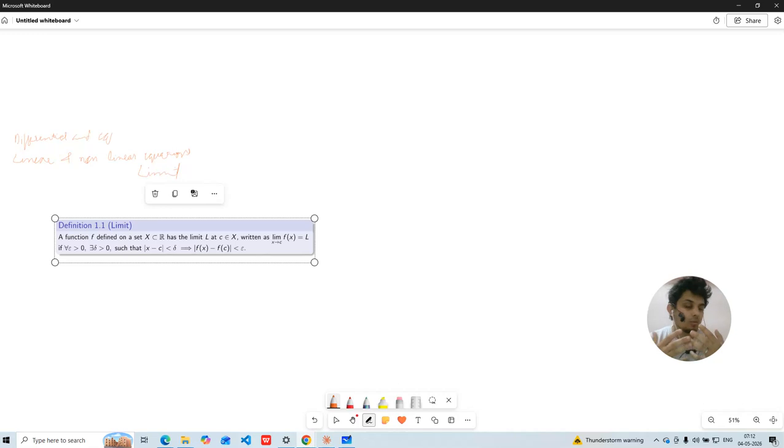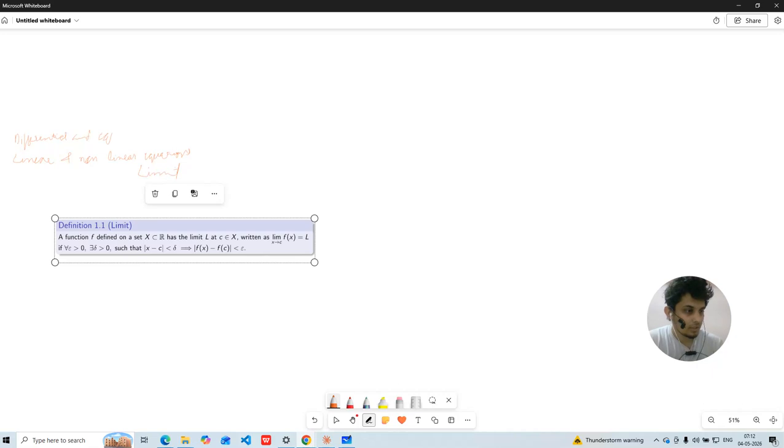So first, what are we trying to say? What we want to understand is, what does it mean for a function to behave nicely near a point? This is what limit is about. What does it mean for a function to behave nicely around a point?